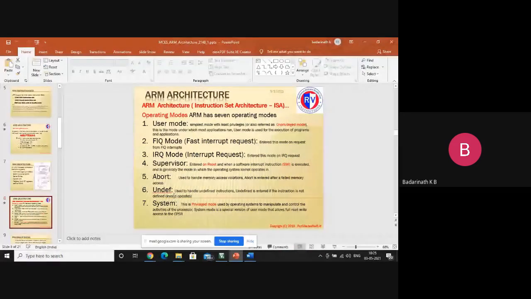So these are the 7 modes supported by the ARM architecture. When you run your program, you will be in any one of these modes only. Now we will go to the next part of the ARM architecture.